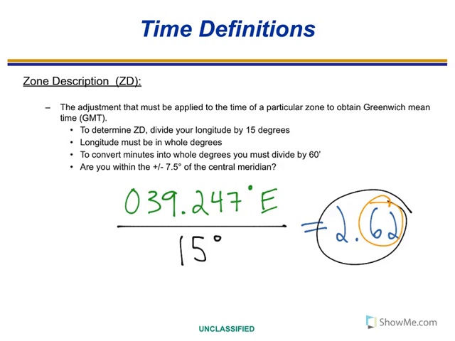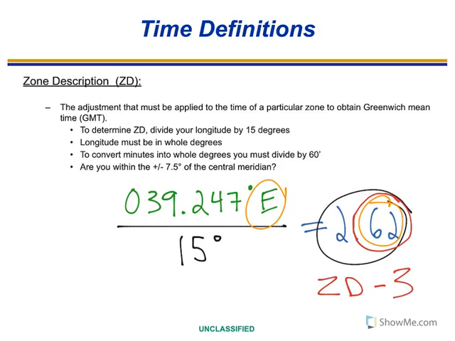So we're going to round that up to 3, and our zone descriptor is 3. To find the sign, we look at our longitude. We're in the Eastern Hemisphere, so it'll always be minus. So we just found our zone descriptor based off of our longitude. We're in ZD minus 3. Quick note about rounding. As you see over here, I went out to 2 decimal places.